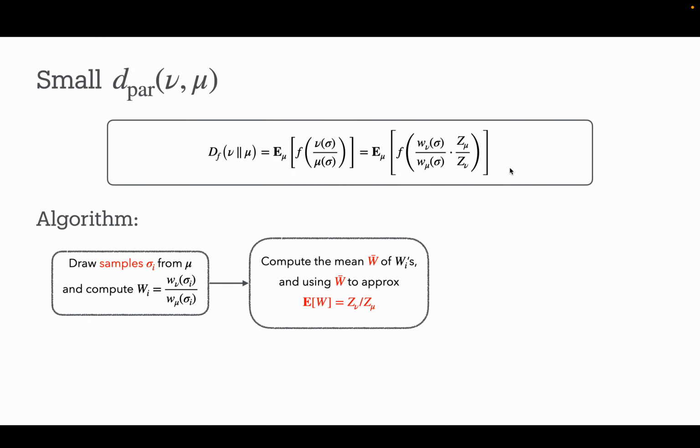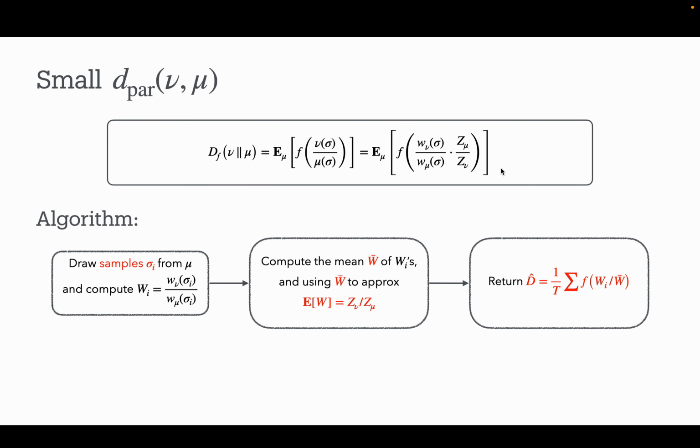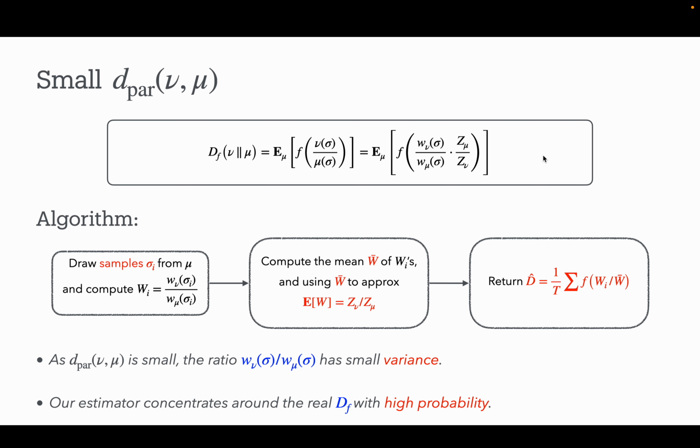Then we compute the mean, and use the mean to approximate the expectation of w, which is the ratio of the partition functions. Then we return the estimate, which is the mean of all f of w_i divided by w bar. As the parameter distance is small, the ratio has a small variance, and our estimator concentrates around the real f-divergence with high probability.